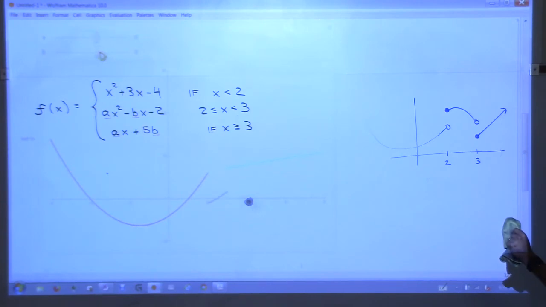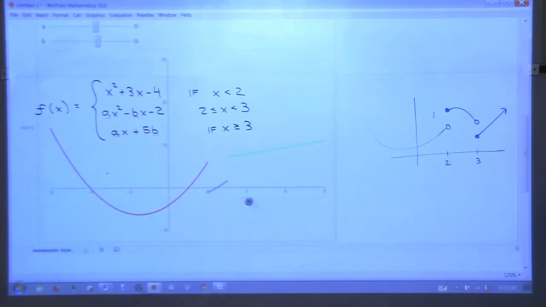Okay, if I change B, it moves them around too. I need to figure out how do I change A and B exactly to make them line up. It's close there, right? Not quite, so maybe just tweak A a little bit. There, maybe?